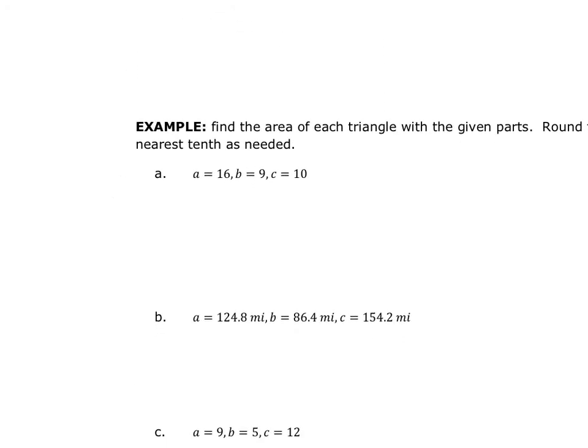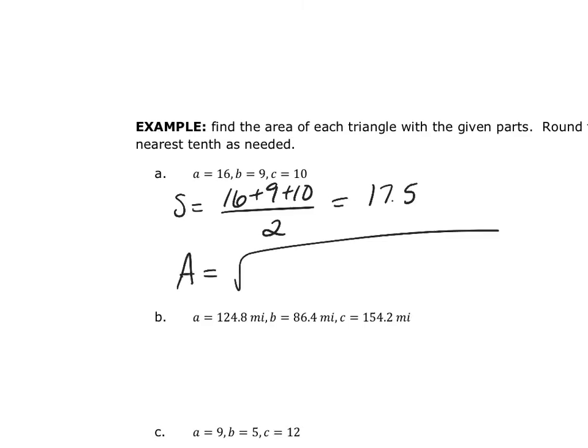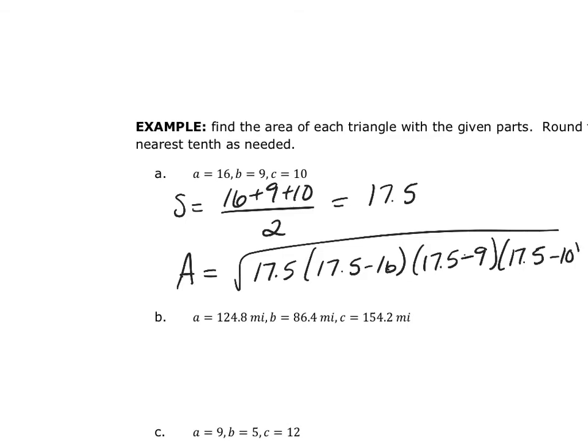So let's go ahead and do one. The first thing I'm going to do is find s. This is going to be 16 plus 9 plus 10 divided by 2. 17.5. My area is going to be equal to the square root of 17.5 times 17.5 minus 16, times 17.5 minus 9, times 17.5 minus 10.